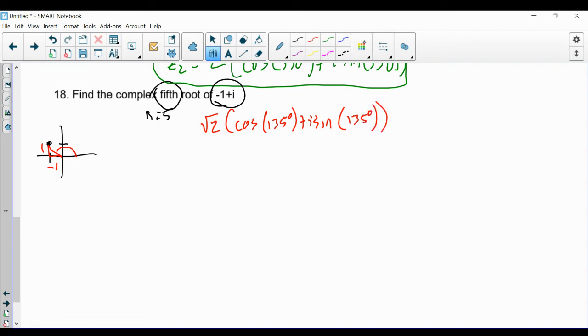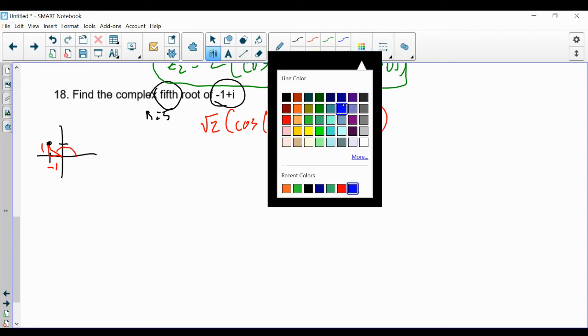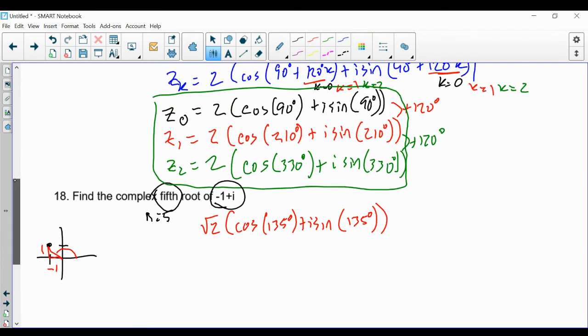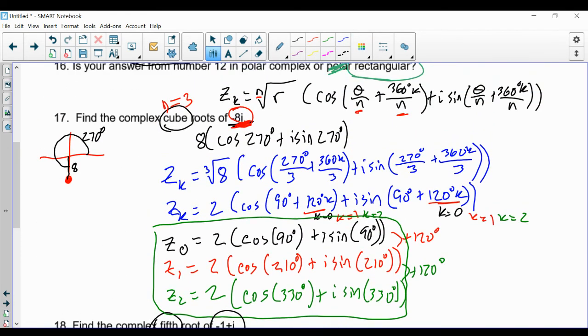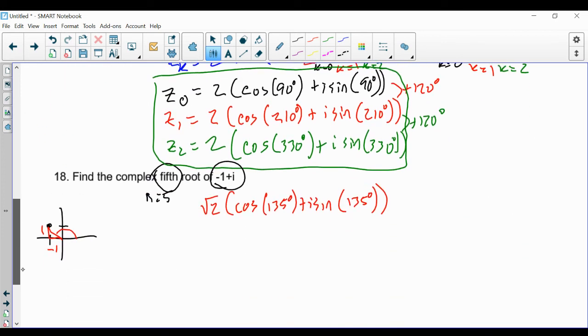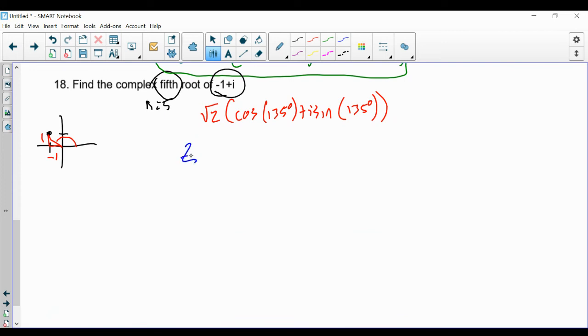Okay, we've done all that fun stuff just to get it prepared so we can go and use de Moivre's theorem again. So I'm just going to go ahead and use it, and then we're going to simplify. So z sub k equals, remember n here is 5, so it's the 5th root of the square root of 2.